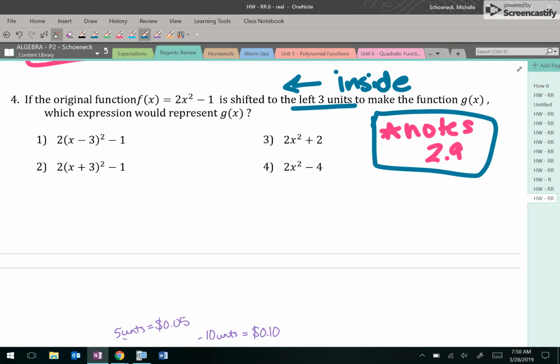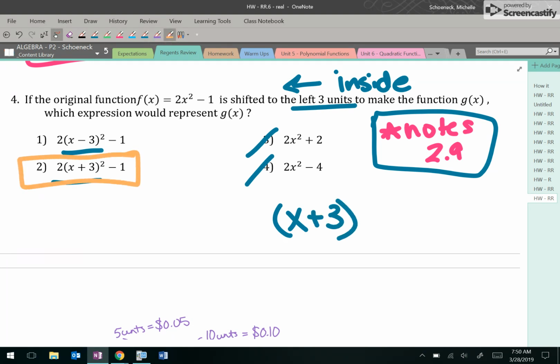So we should have parentheses. These ones do not, so it's not 3 or 4. And going to the left is the opposite of what we'd think, so we should have an x plus 3. So answer 2 is our correct answer. The other option is to put all of these into y equals and see which one actually moved to the left 3 units.